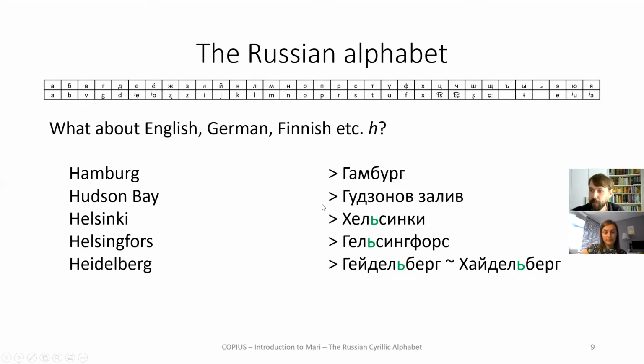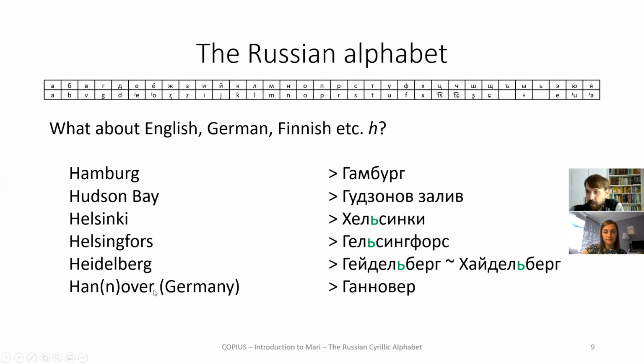Another nice example of this duality is the town of Hanover in Germany, a medium-sized city south of Hamburg, which has of course historically been a very relevant place, and which in Russian is Ганновер.